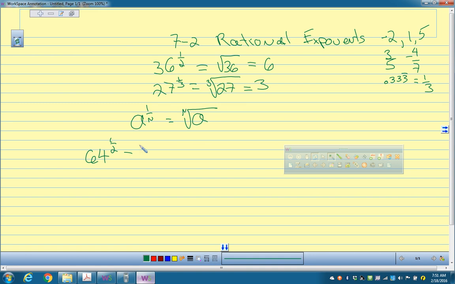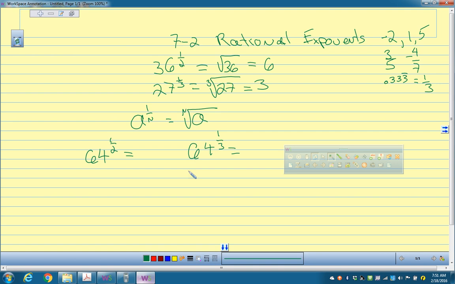What do you get, Calvin? That's right, Will, you're right. But I want you to write out what the answer is. How about 64 raised to the 1/3 power? Go ahead, try that.